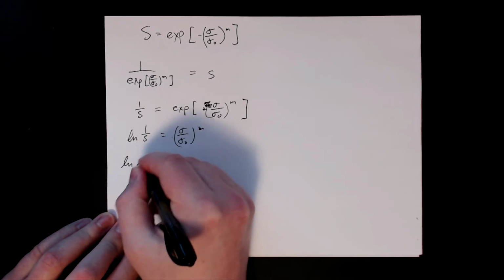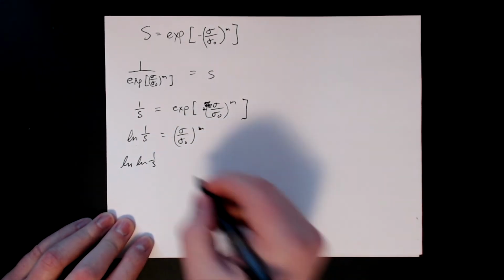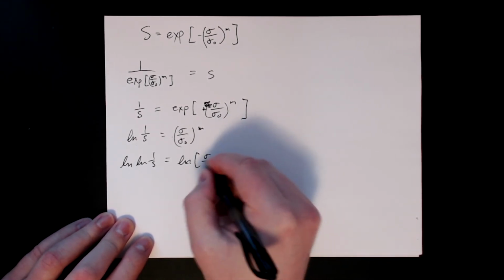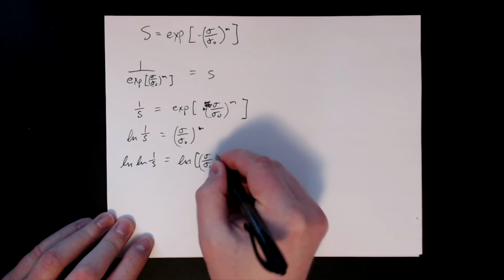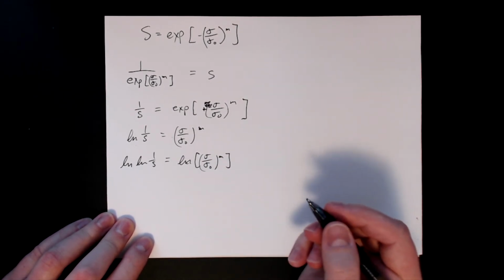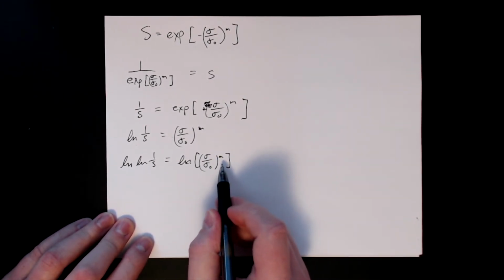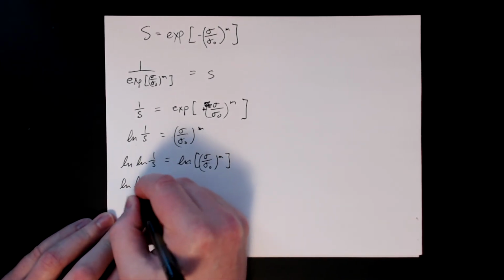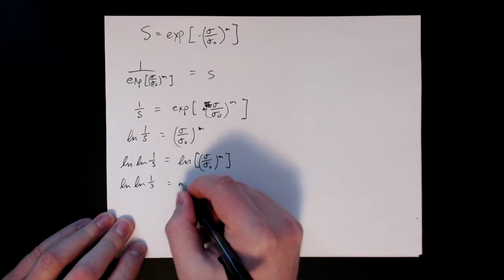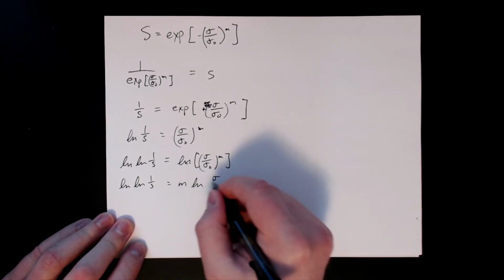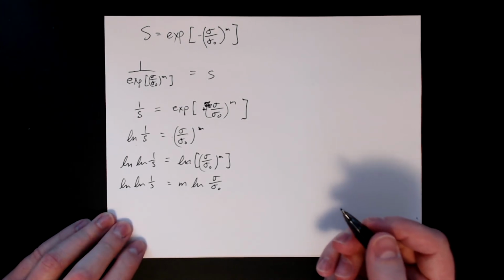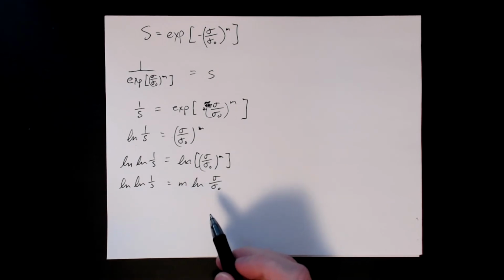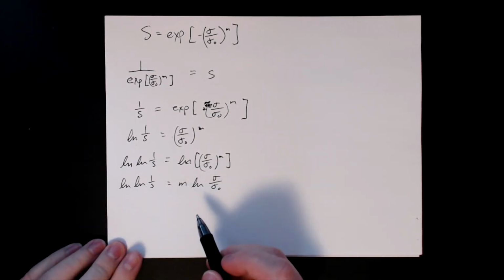So natural log 1 over s, and that's going to be natural log of sigma over sigma naught raised to the m power, right? And now I can move this m out front to multiply it. This is still equal to the same thing, and I've got m natural log sigma over sigma naught. This is basically more or less the linearized version, but we're just going to do a couple of things to simplify it.